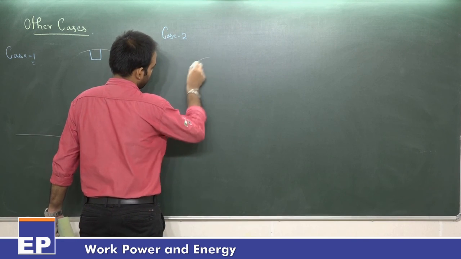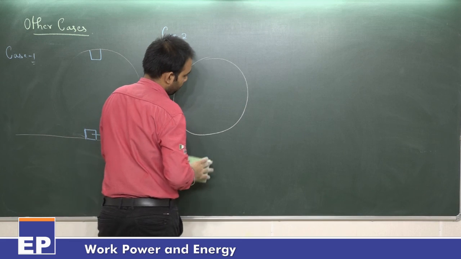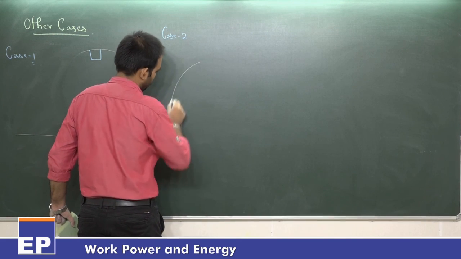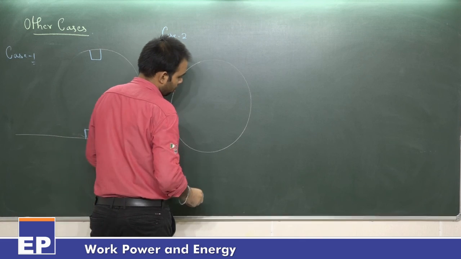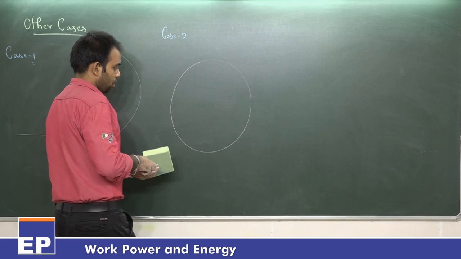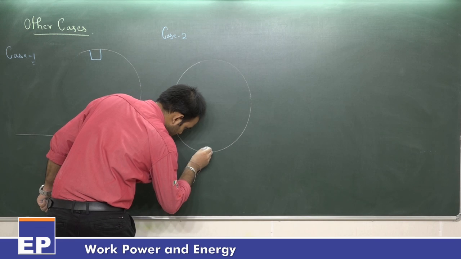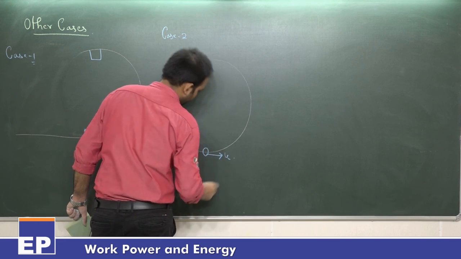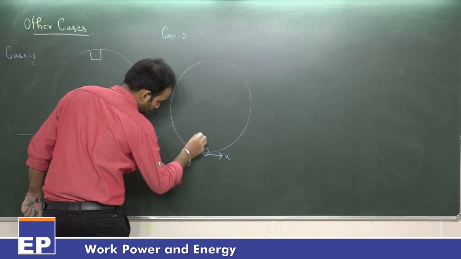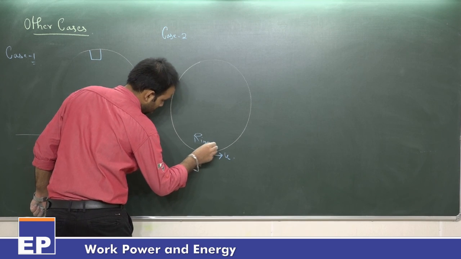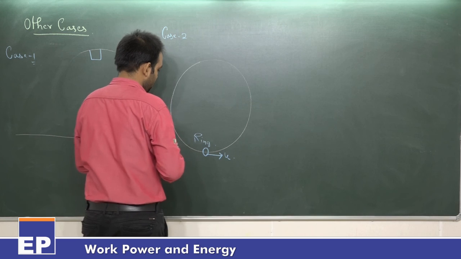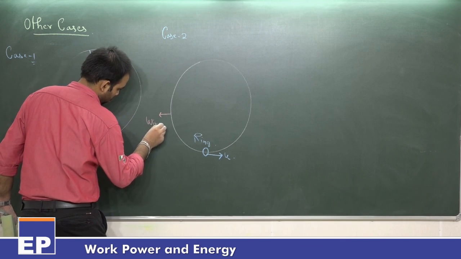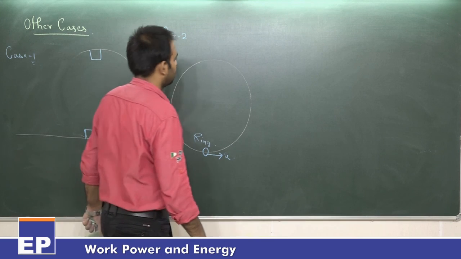It is connected, this is the wire, and U is given to it. This is a ring, and this is the wire. It is rotating in it.